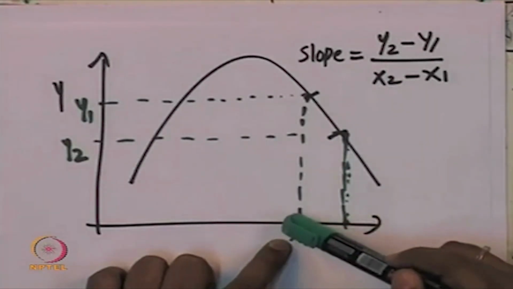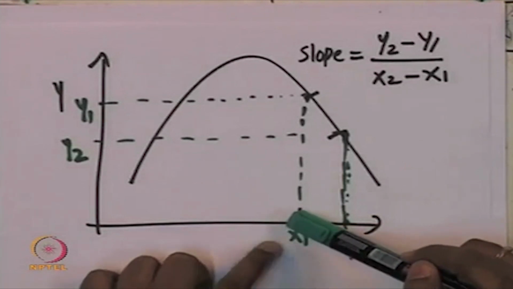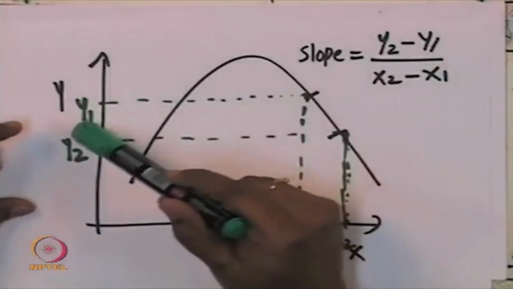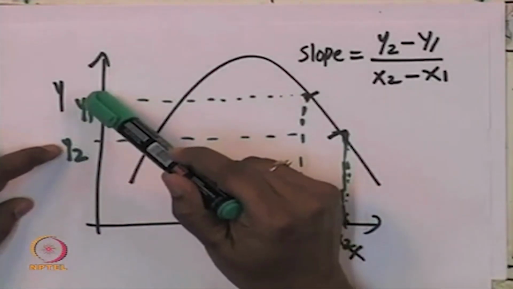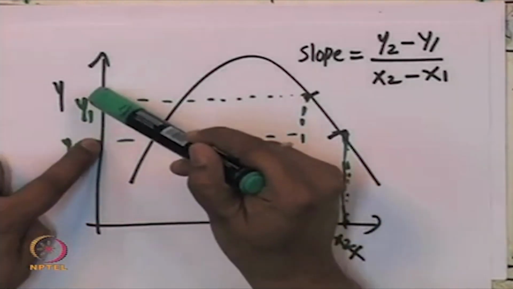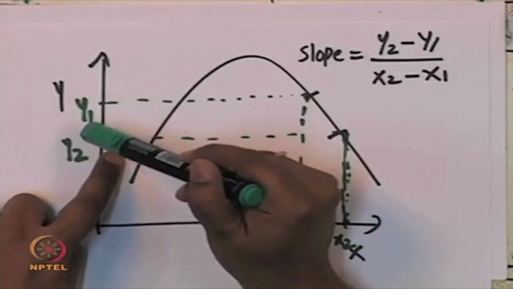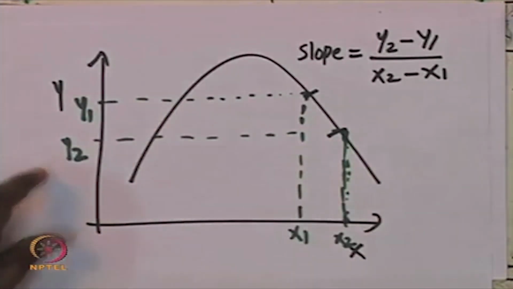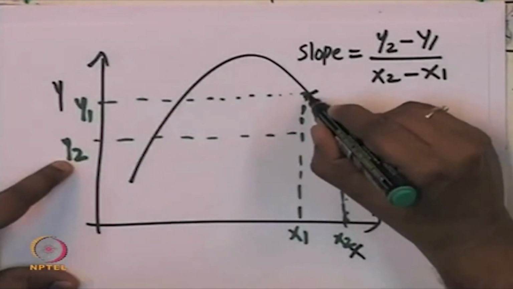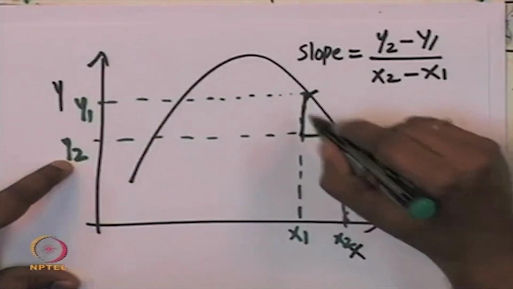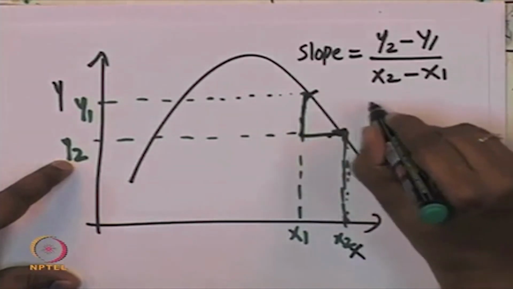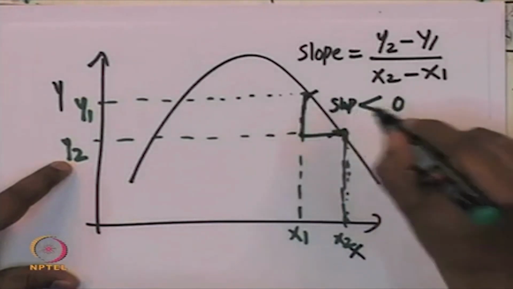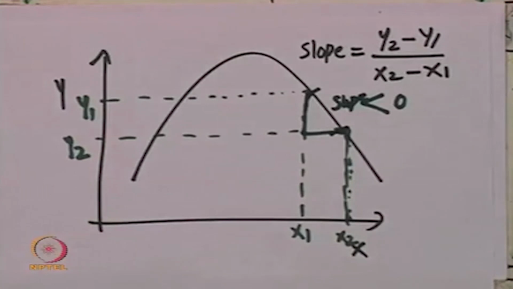On the other hand, y2 is smaller than y1, so y2 minus y1 is negative. So, the slope here is negative, which is less than 0.